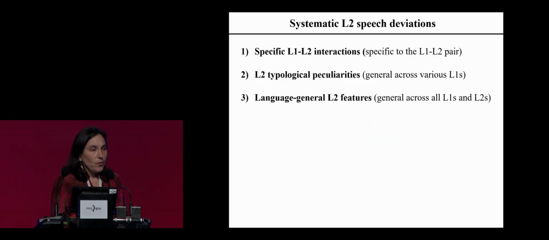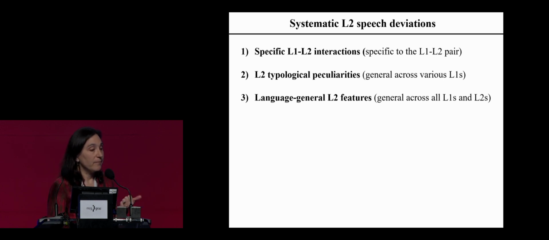Okay, so what we've seen then is that L2 speech, despite being deviant from the L1 standard, exhibits deviations that are highly systematic. And these systematicities derive from interactions between the L1 and the L2 that extend to groups of speakers.